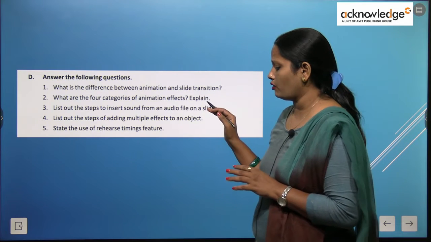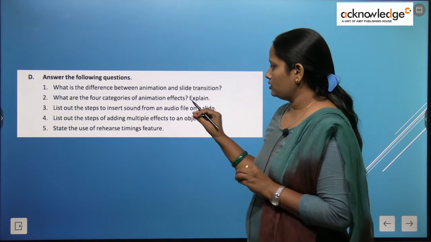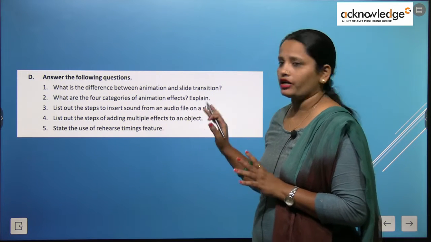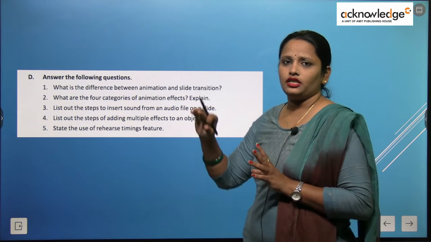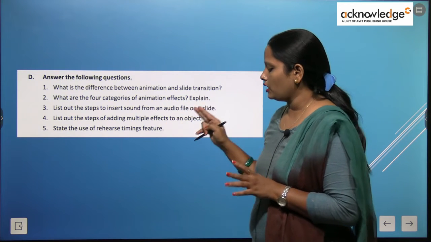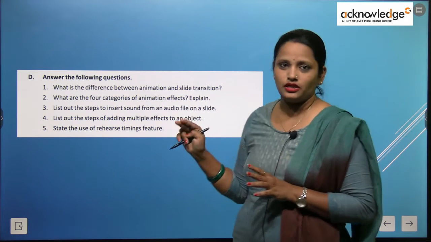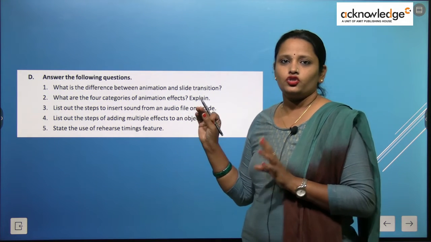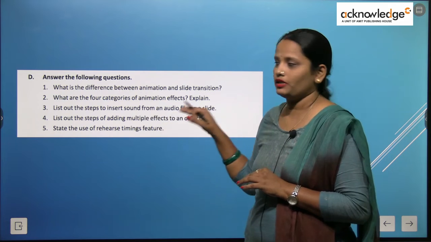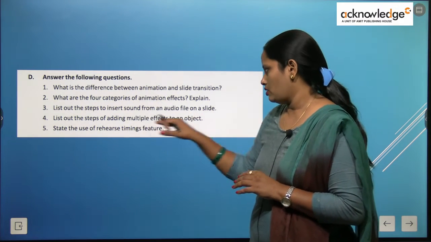And after clicking there, what will happen? When we click on the multiple effect option, we can see after following these steps, two numbered tags will be there. This means there are two animations added in this multiple effect option.